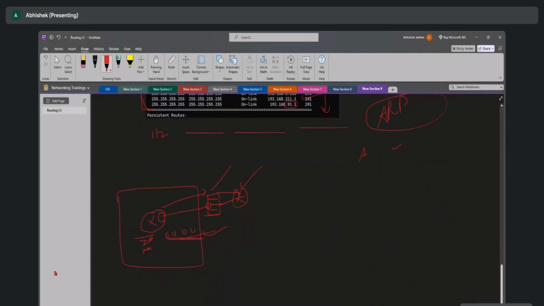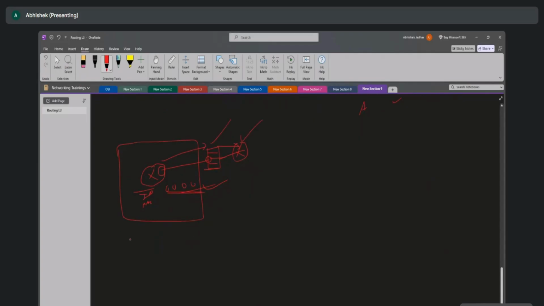Now, what we'll be discussing is the routing protocols, the dynamic routing protocols, and before that, I will introduce you the concept of administrative distance. Right. Now, what is an administrative distance in a router?